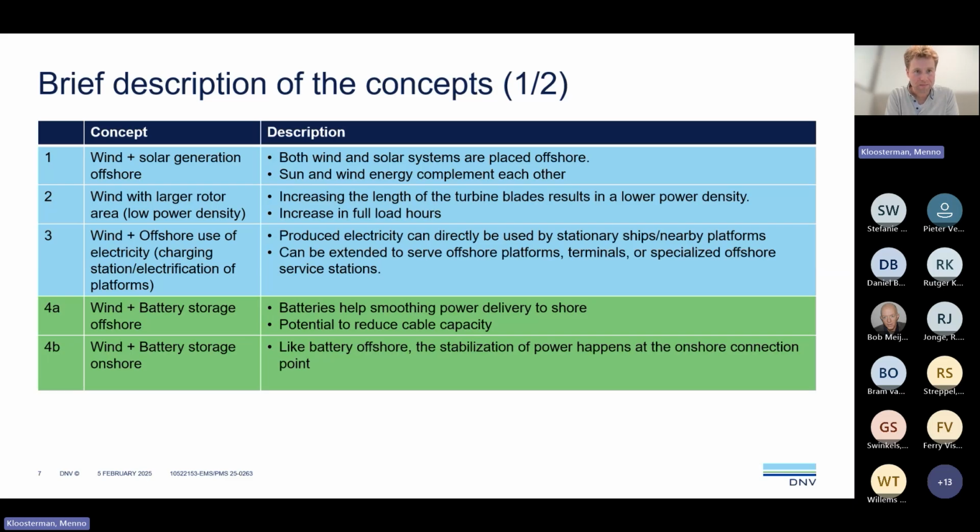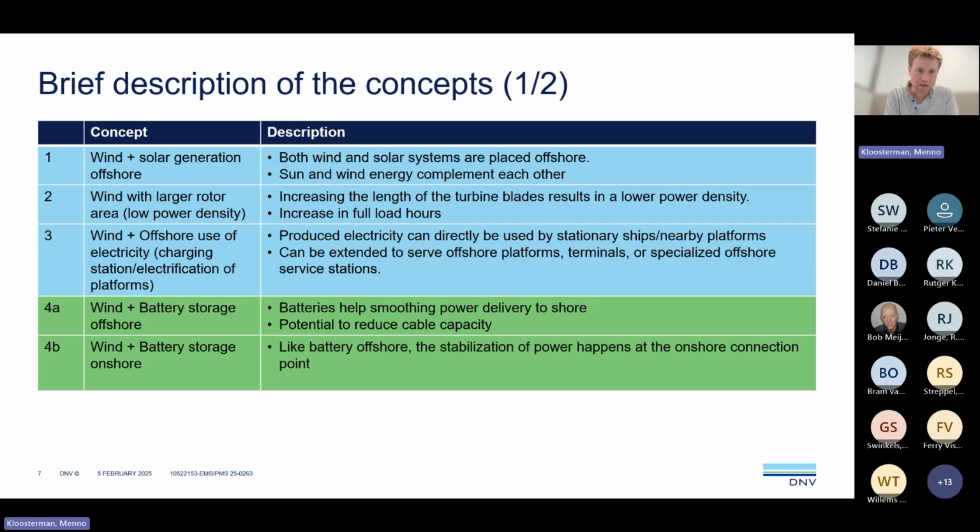So we had the concept where we add solar capacity offshore, with the assumption that it's complementing each other in terms of energy output. One very obvious solution that's already kind of standard in offshore is to increase the rotor area. So a relatively large rotor compared to the installed capacity already improves the full load hours and the capacity factor.